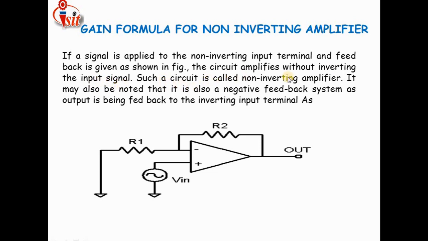Such a circuit is called a non-inverting amplifier. It is also a negative feedback system, as the output is fed back to the inverting input terminal as shown here. Here input is given to the positive terminal of the op amp, so this type of op amp circuit is called a non-inverting amplifier.